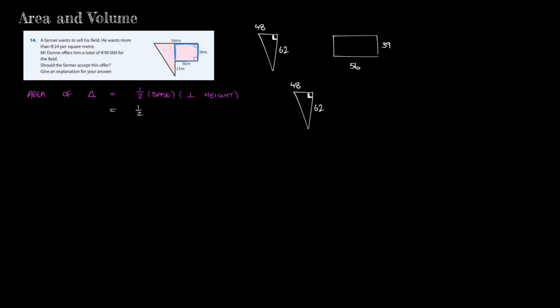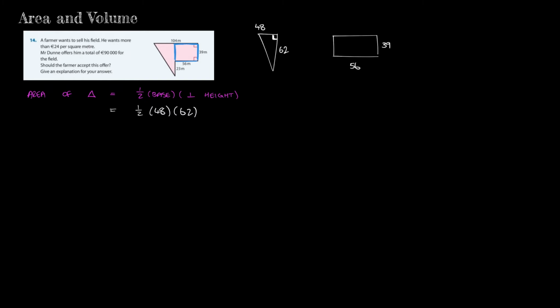If I was to take that and literally flip it like that, you can see now that the base here would be 48 and the perpendicular height would be 62. So the base, like I said, was 48 and the perpendicular height was 62.